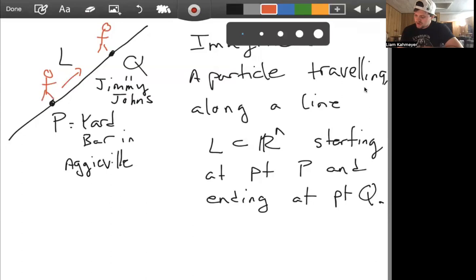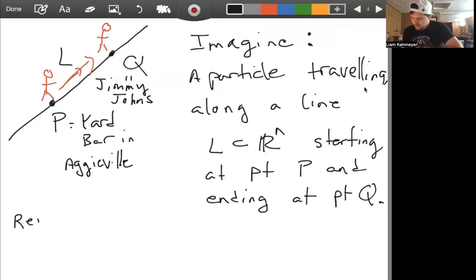After all your shots at Yard Bar, you would want to travel straight to Jimmy John's. And so we want to figure out the equation of your path from Yard Bar to Jimmy John's. How can we do this? Well, luckily we can find this equation only using information about the starting and ending point.